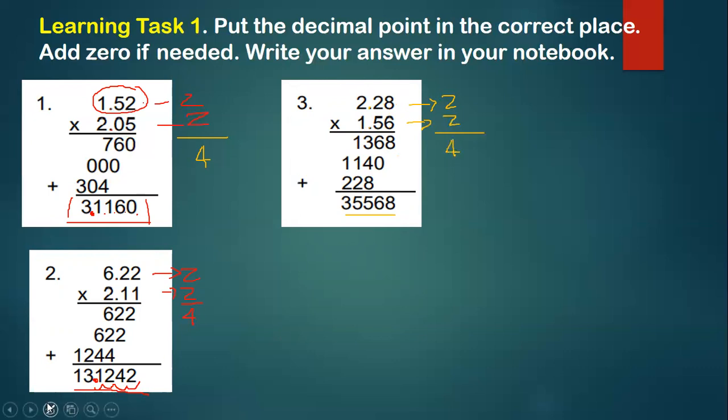Ibig sabihin, ang ating decimal point sa product ay mag-move ng 4 places to the left. So, dito sa kanan tayo magsisimula. 1, 2, 3, 4. So, ang decimal point natin ay nandito sa 3.